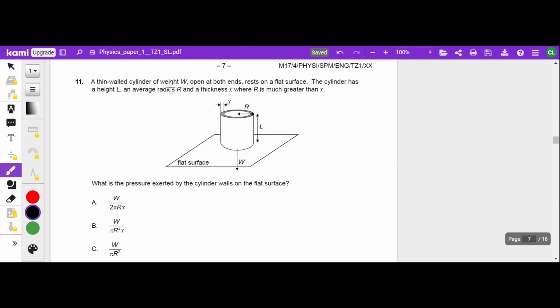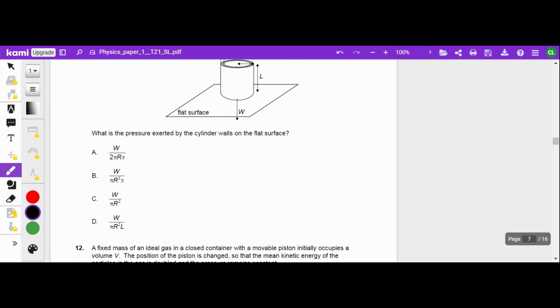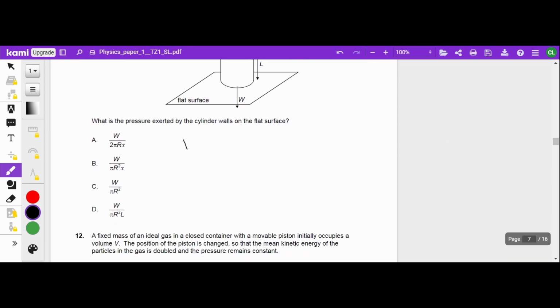A thin-walled cylinder of weight W open at both ends rests on a flat surface. The cylinder has a height L, an average radius R, and a thickness x, where R is much greater than x. What is the pressure exerted by the cylinder walls on the flat surface? Well, pressure is force over area.